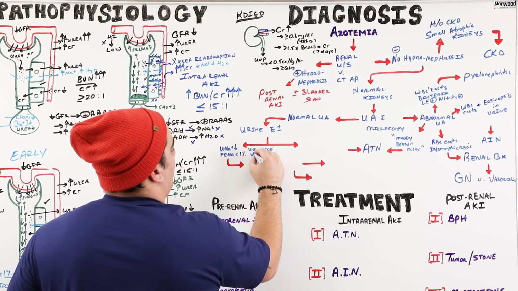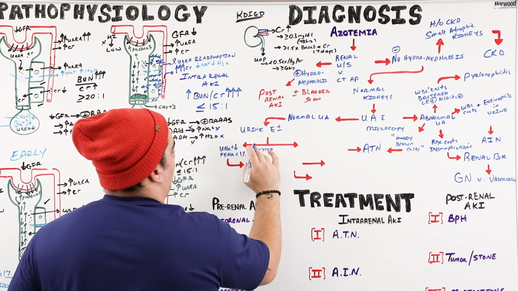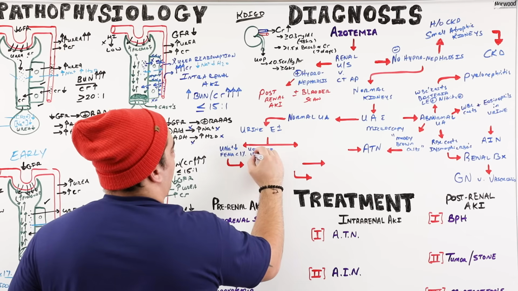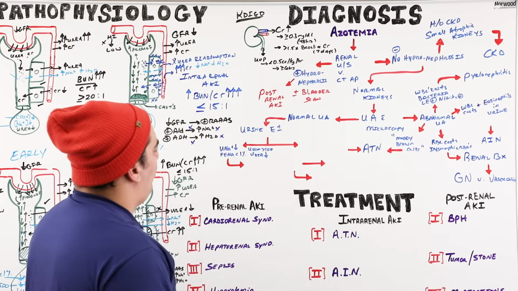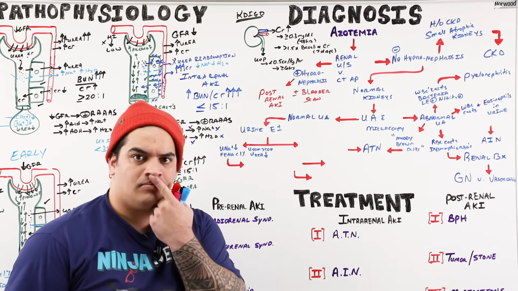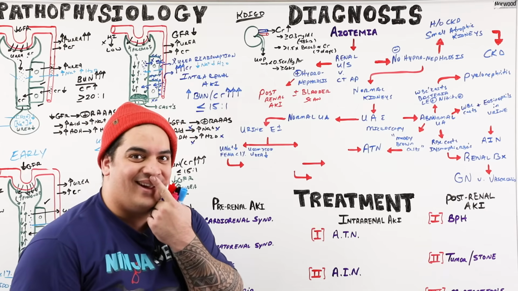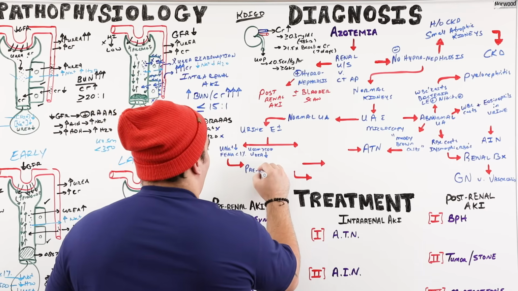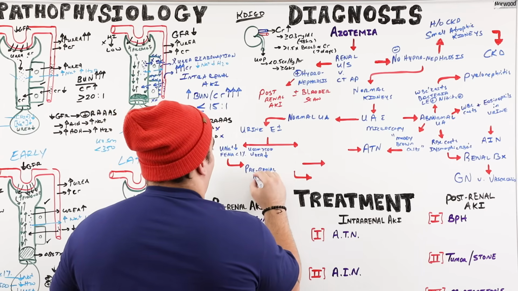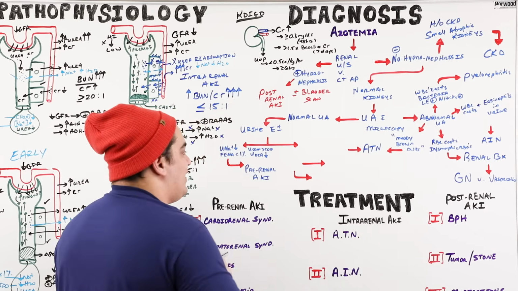And their fractional excretion of urea is also going to be low. What does this make you think of? Pre-renal AKI, right? This should make you think of pre-renal AKI.